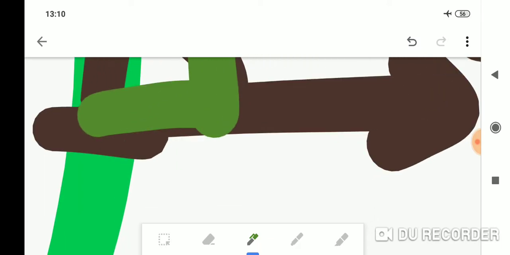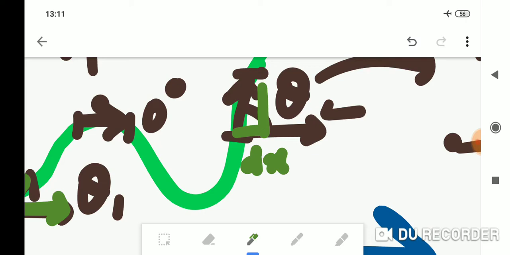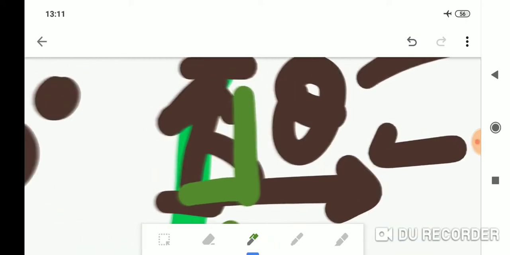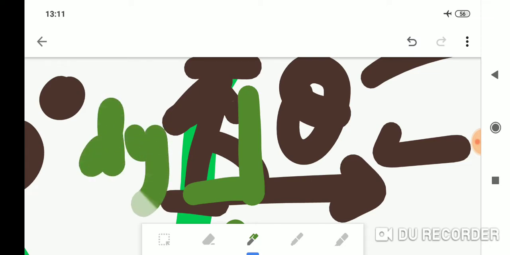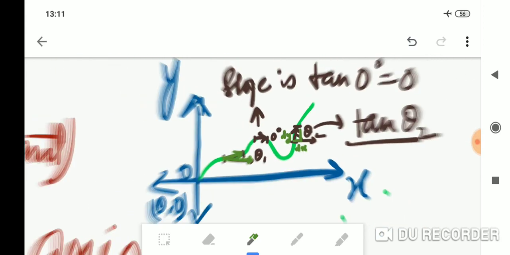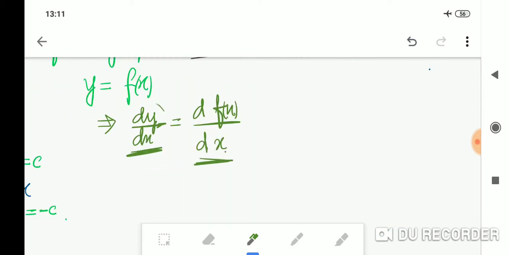See, this term is actually dx and this is dy. Are you getting it? Which one is dx and which one is dy? So this is the slope at that point. dy by dx is nothing but the slope at that point.